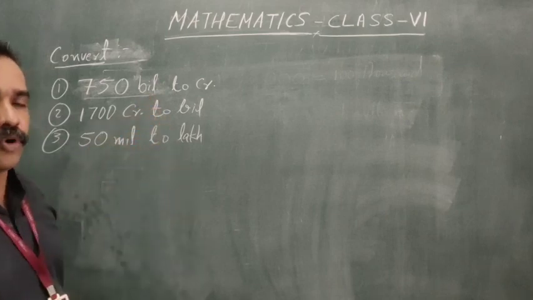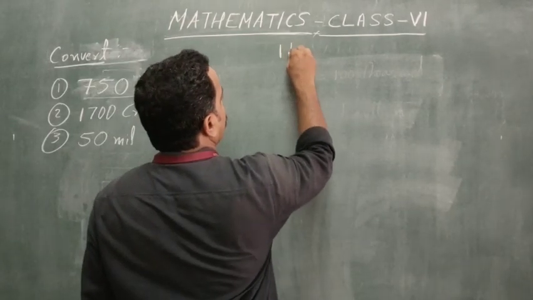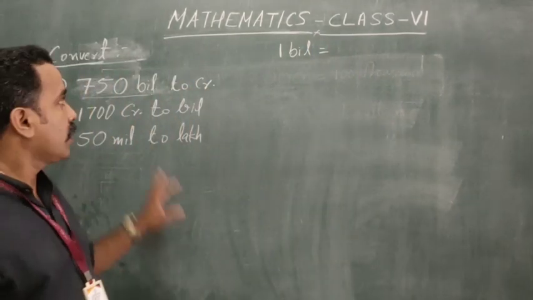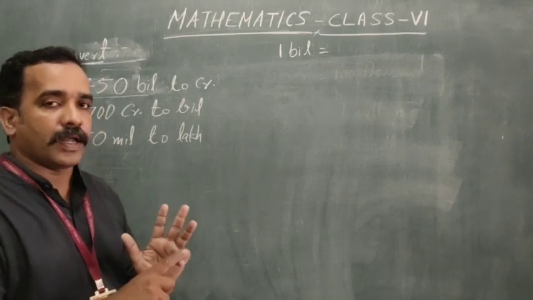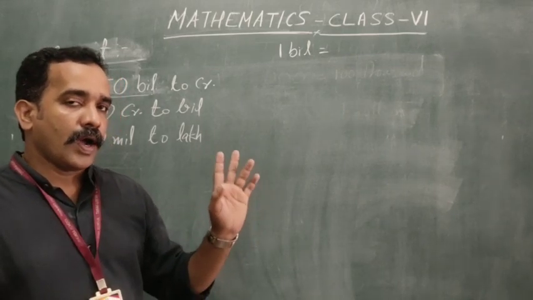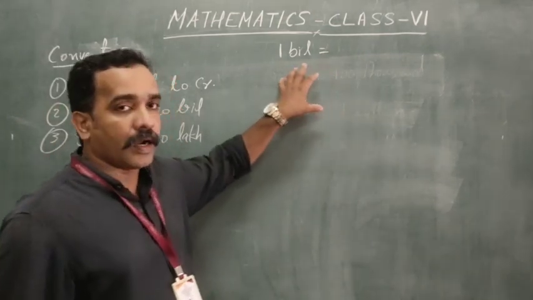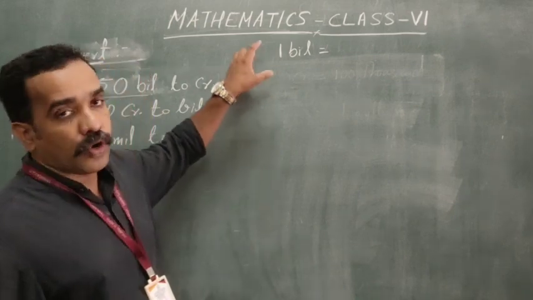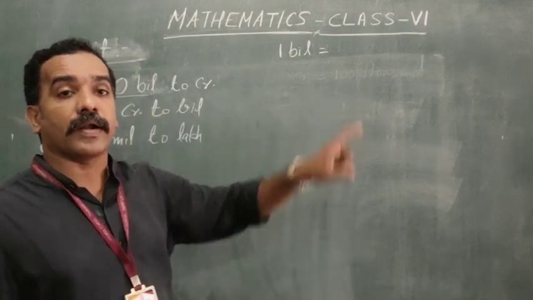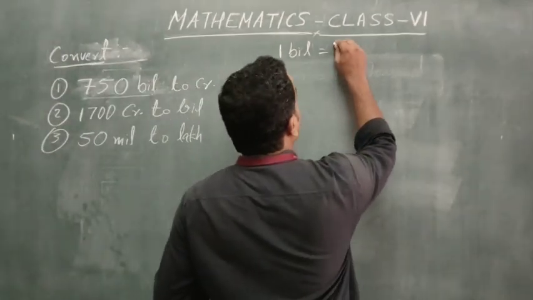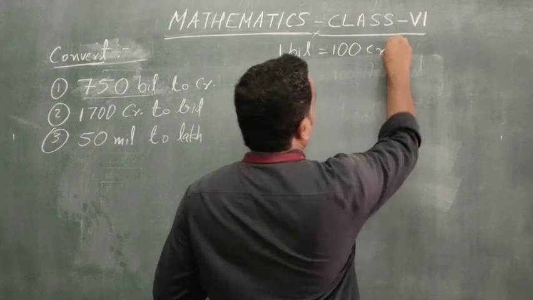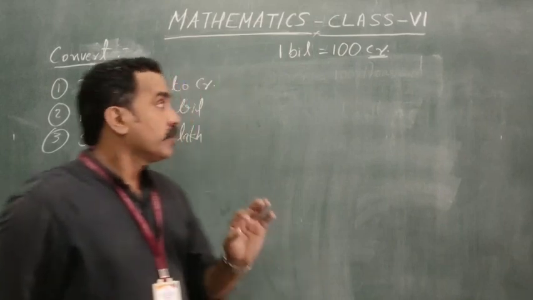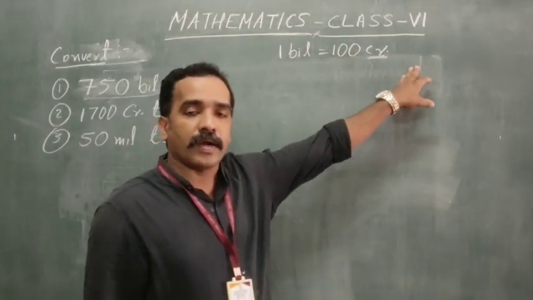I told you that 10 million is equal to 1 crore, and 100 million is equal to 10 crore. So 1 billion is equal to 100 crore. CR actually means crore.